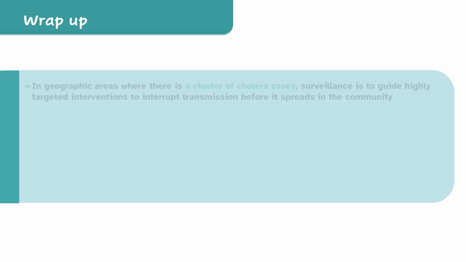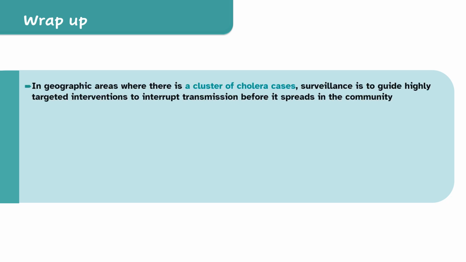As we wrap up this module, here are the important points to remember. In local geographic areas where there is a cluster of cholera cases, surveillance aims to guide highly targeted interventions to interrupt transmission before it spreads in the community and becomes more challenging to control.